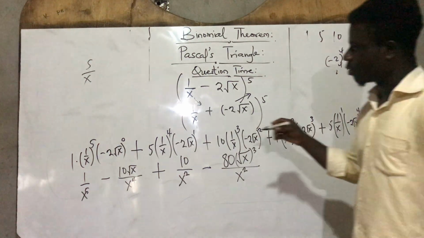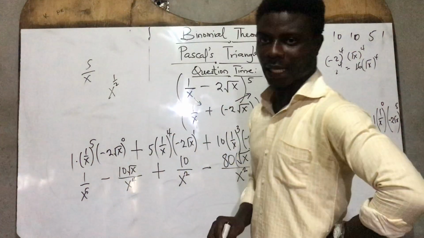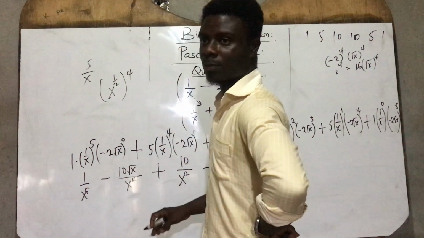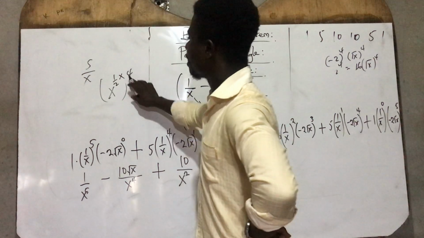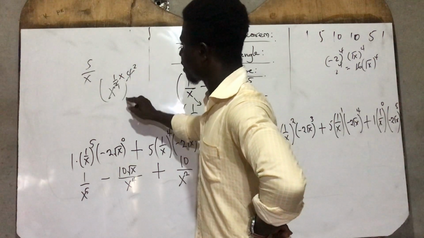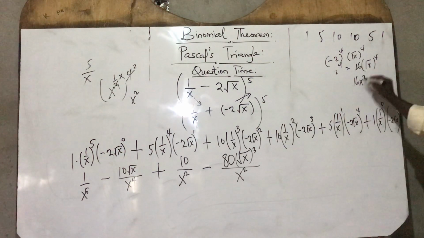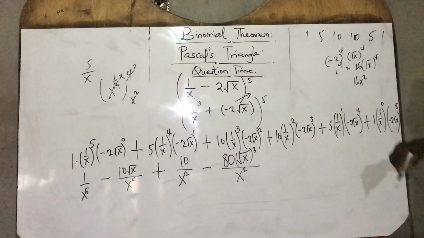Now watch here. Square root of x, I can write it as x to the power half. I believe you know that. Then all to the power 4. This 4 is multiplying that. So I can get half times this 4. This one cancels. So I'll get x squared. So my answer will be 16x squared. So the same thing. So 16 x squared.